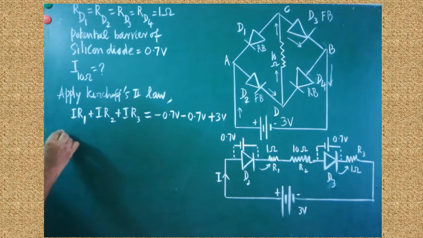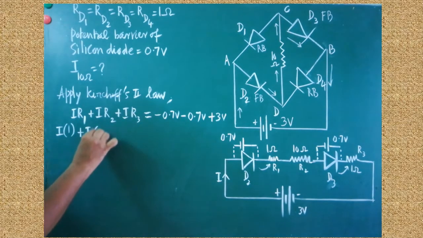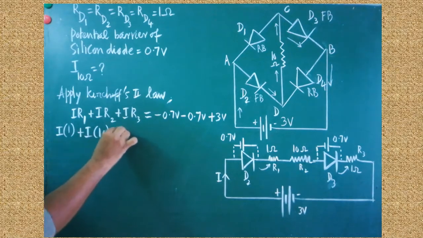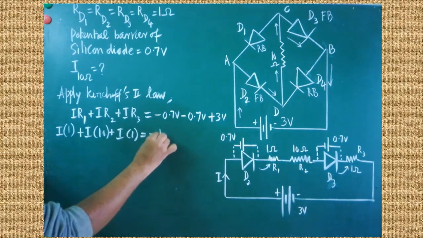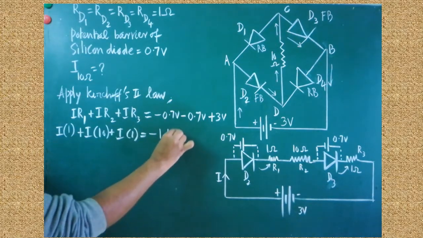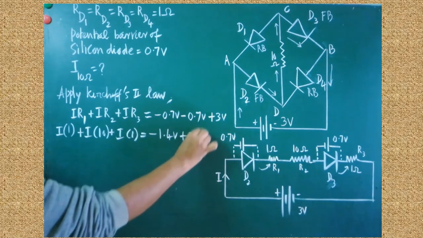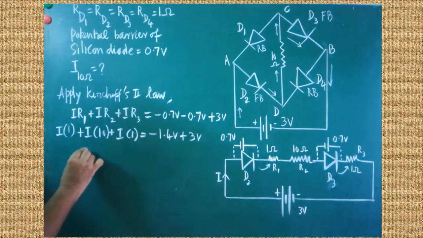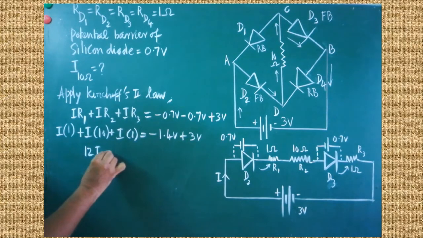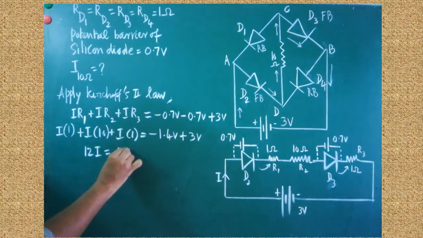Substitute the values: the first resistance value is 1 ohm, the second is 10 ohm, the third is 1 ohm. After calculation, you will get minus 1.4 volt plus 3 volt. So the entire factor, if all are added, gives 12I equal to 1.6 volt.